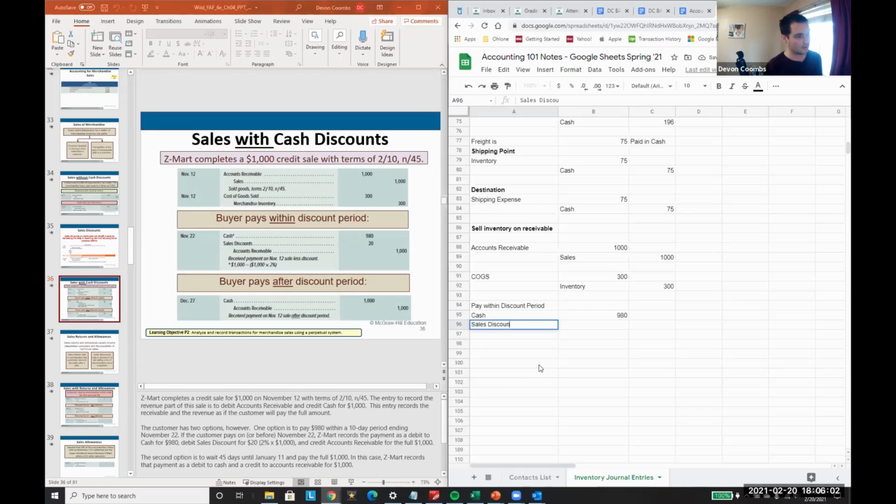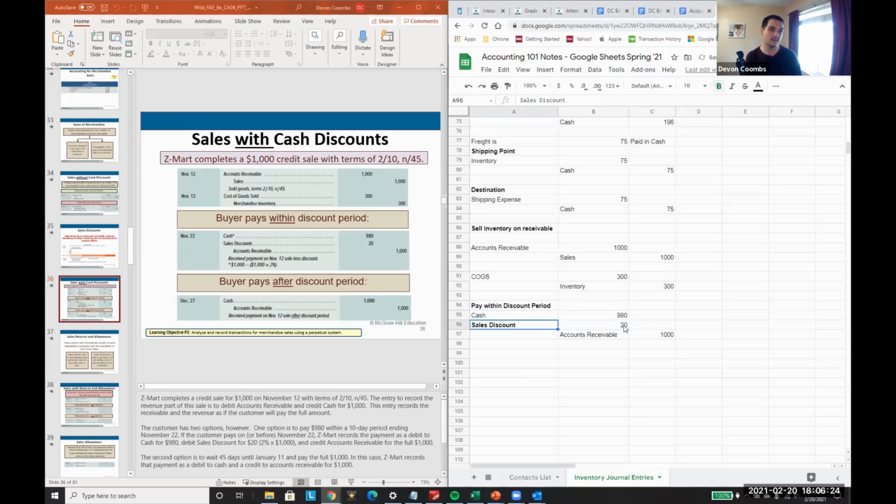We have a sales discount and accounts receivable. Our accounts receivable is always going to be decreased by the full amount, the other side of the accounts receivable. And our sales discount will be the 0.2% or 0.02%. And then our cash will be the difference that we collect.